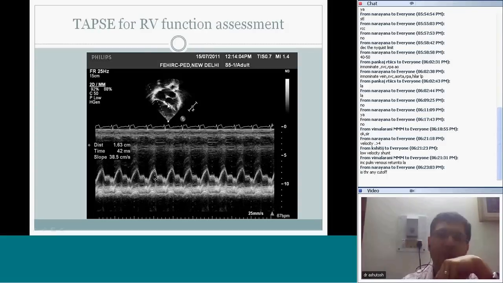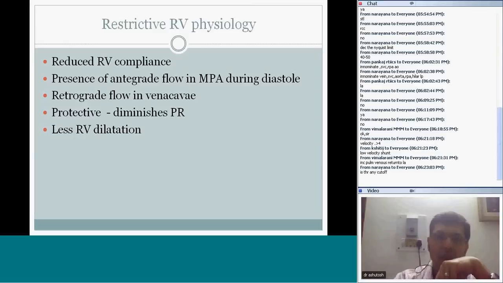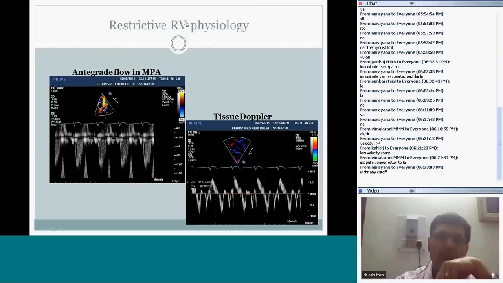Nowadays, there is one study which has come up, the angle index between the lateral and the medial tricuspid annulus, and they say as the right ventricle starts dilating, the lateral annulus of the tricuspid valve goes increasing, and that angle can help us decide the further intervention.